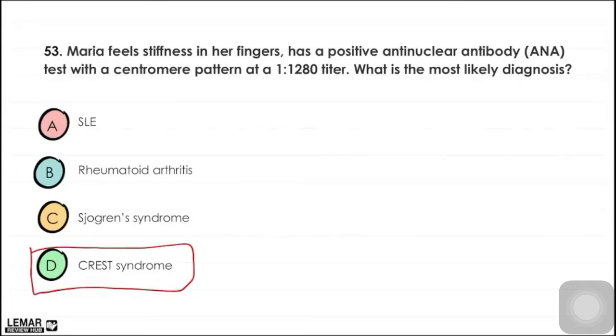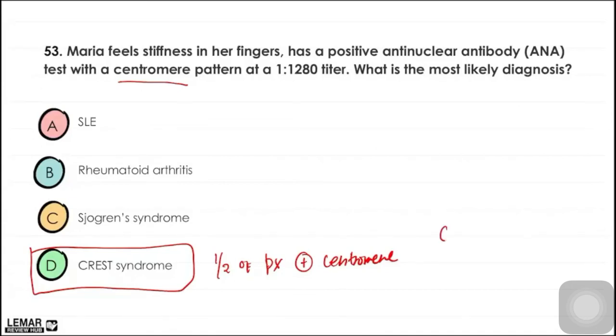So, centromere antibodies are present in half of patients with CREST syndrome. This is an acronym named after the major features of autoimmune disorders.